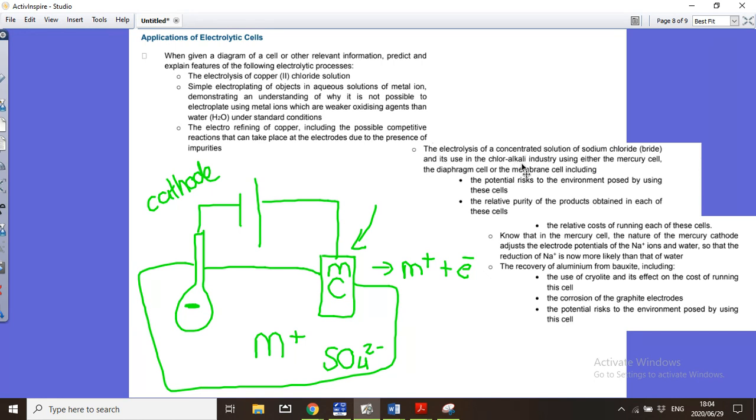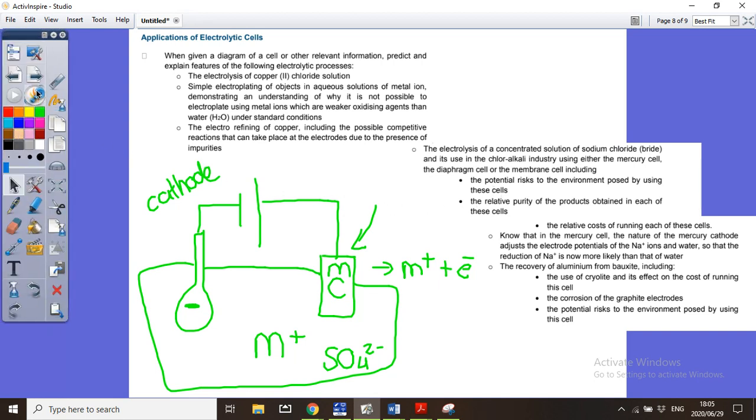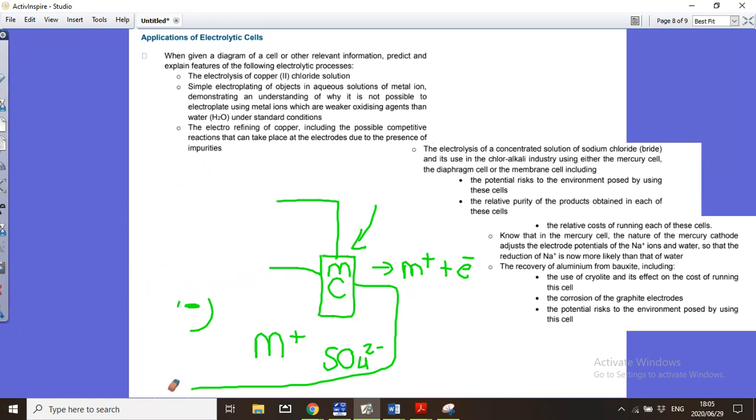Now, sodium chloride is the big one. There's three different cells, and you need to know the chloroalkali industry has the membrane cell, the mercury cell, and the diaphragm cell. Basically, they are the same reaction, and they just use a different method of forming the chemicals for us.